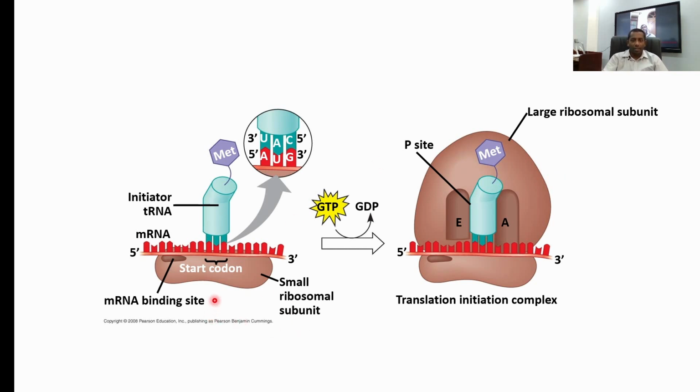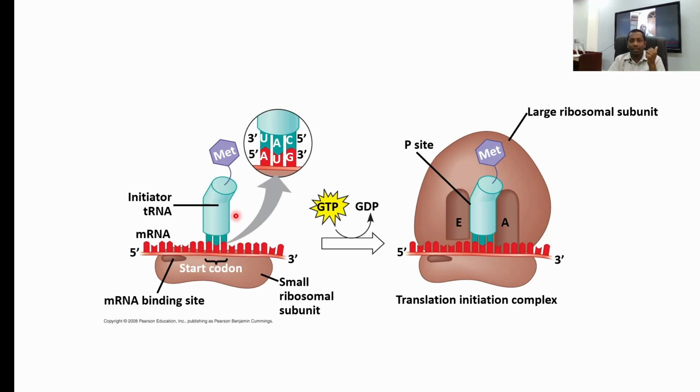Okay, here we have the small ribosomal subunit. It binds to the 5' end of the mRNA molecule. Then it moves along the mRNA molecule until it finds the AUG codon.